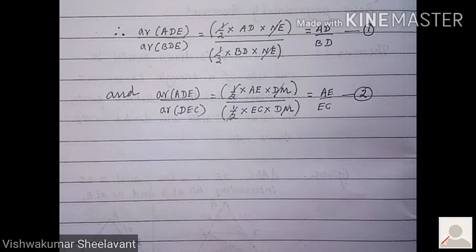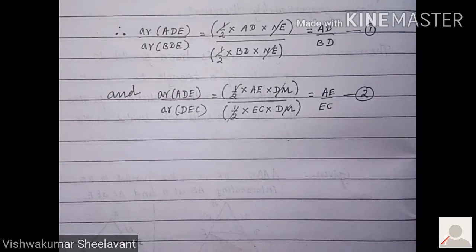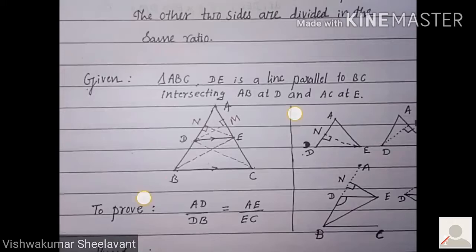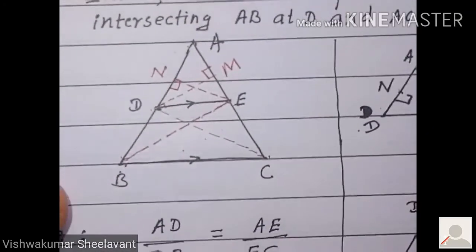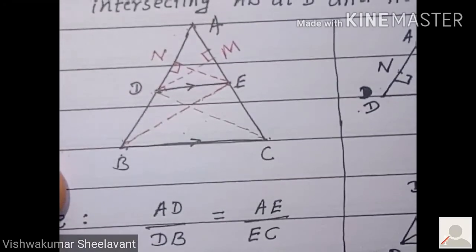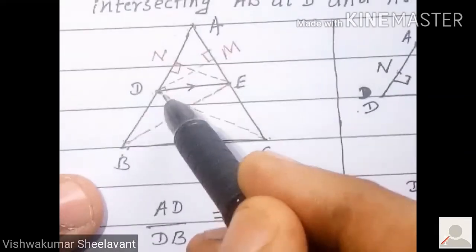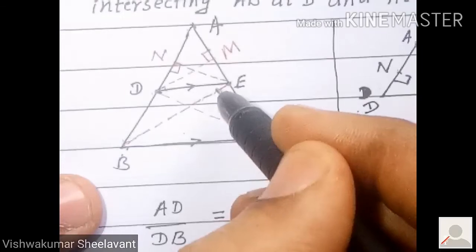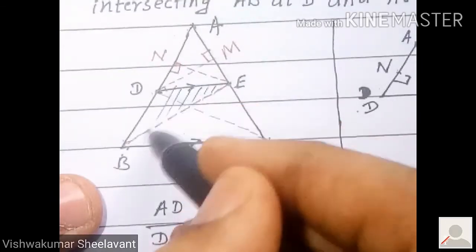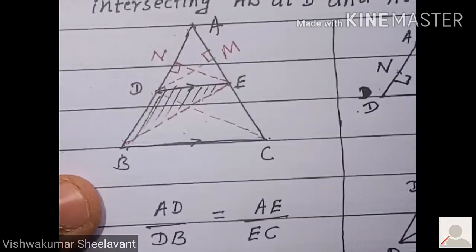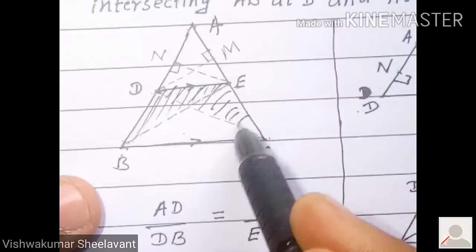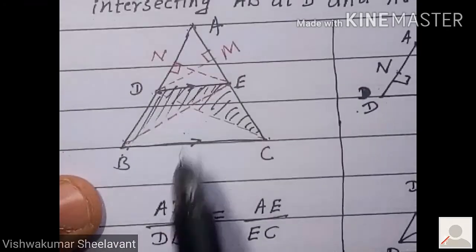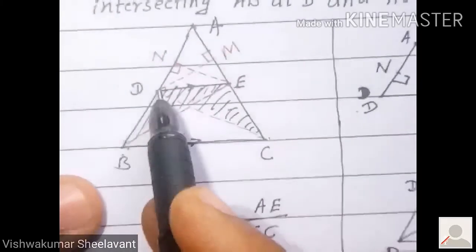Now go back to the figure. First figure. Where is triangle BDE? BD is here. I'll now hatch it. Where is triangle DEC? That is here. Now these two triangles are having a common base.